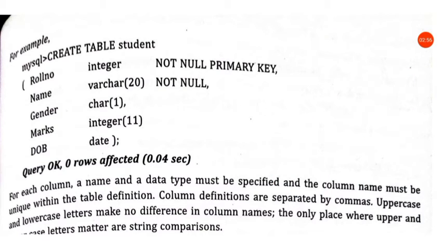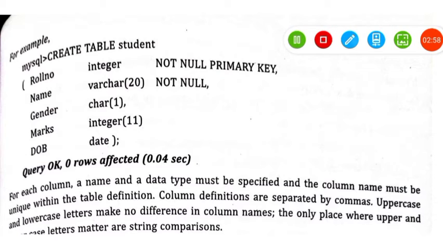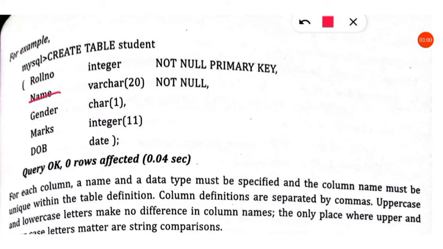Then the next column is name. Its data type is varchar 20. I have told you the difference between varchar and char: varchar is of variable length, and since names have different sizes, we use the varchar data type. 20 means a maximum of 20 characters can be present in the name.